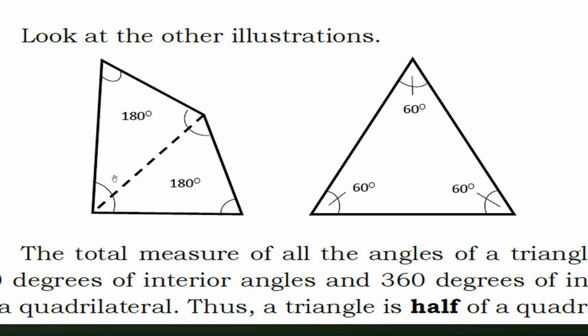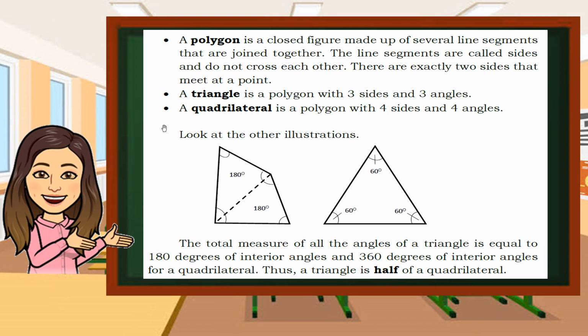But if we divide it into 2, 360 divided by 2, the answer will be 180 degrees. Thus, a triangle is a half of a quadrilateral. That's how we relate a triangle to a quadrilateral.